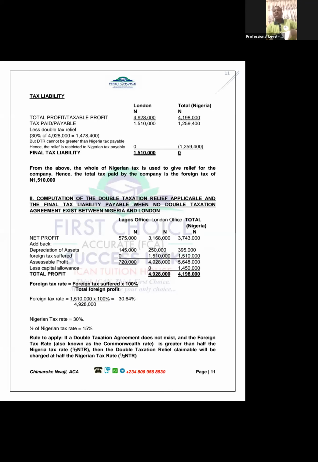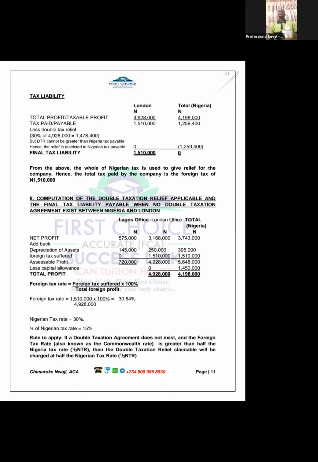For Nigeria, which is presented as total, and for London. What is the tax payable? Look at what we've calculated for what we got from London given to us. And look at 30% of 4,198,000 Nigeria gives you 1,259,400. We did that in the previous page.